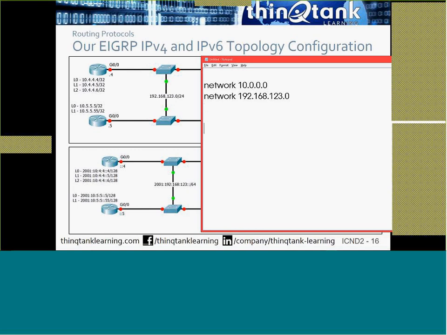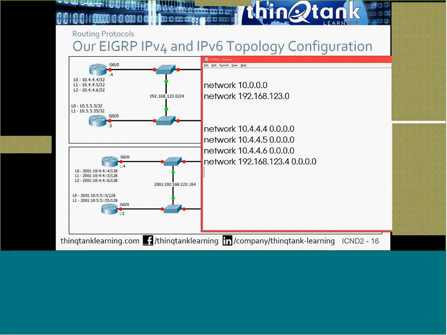To me, what would be the preferred? Network 10.4.4.4, 0.0.0.0, network 10.4.4.5, 0.0.0.0, network 10.4.4.6, 0.0.0.0, and network 192.168.123.4, 0.0.0.0.